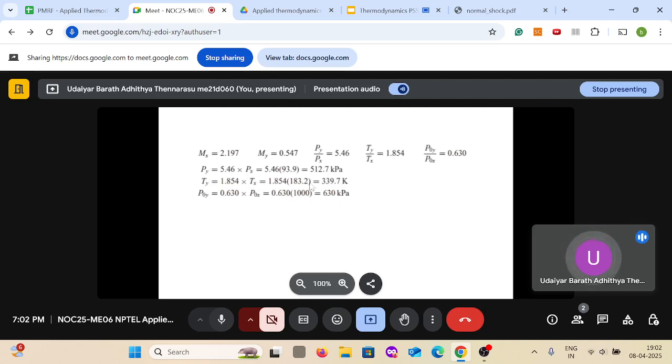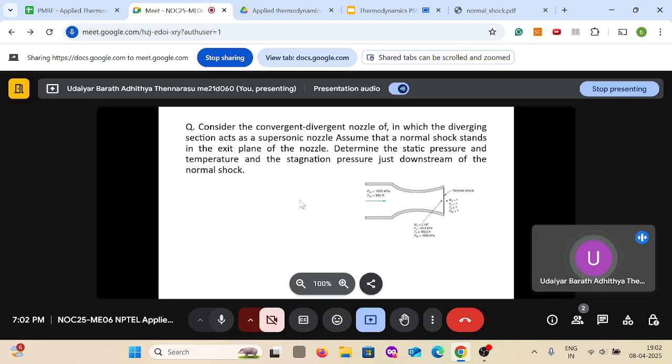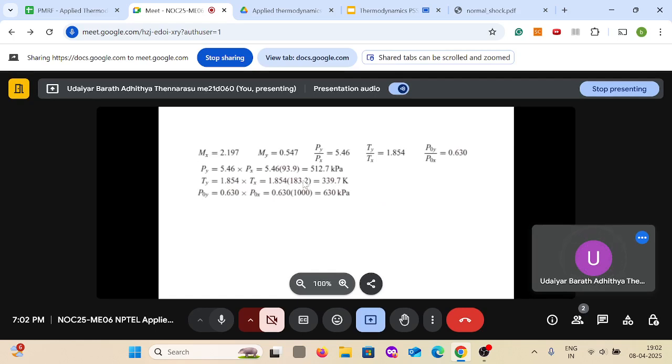Here you have to be careful, you always have to multiply by the temperature in Kelvin. And then P0y is 0.63 times P0x, the upstream stagnation pressure, which is 1000 kilopascal. So 0.63 into 1000 gives you 630 kilopascal. So those are the conditions downstream of the normal shock.